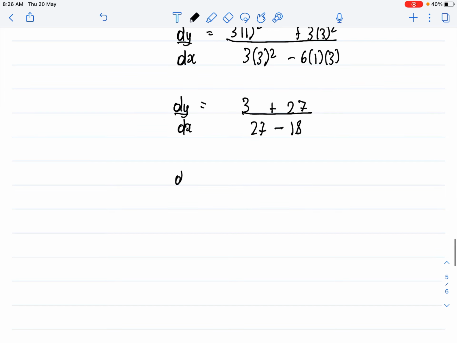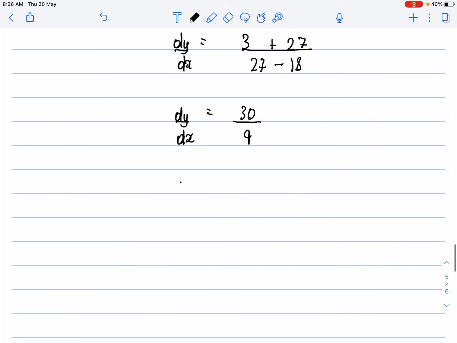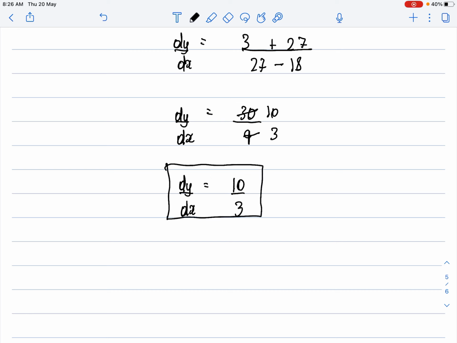So you get dy by dx equals 3 plus 27 is 30 over 27 minus 18, which gives you 9. So now I can write this as dy by dx equals 30 over 9, which simplifies to 10 over 3. So I get my answer as 10 over 3, which is the dy by dx.